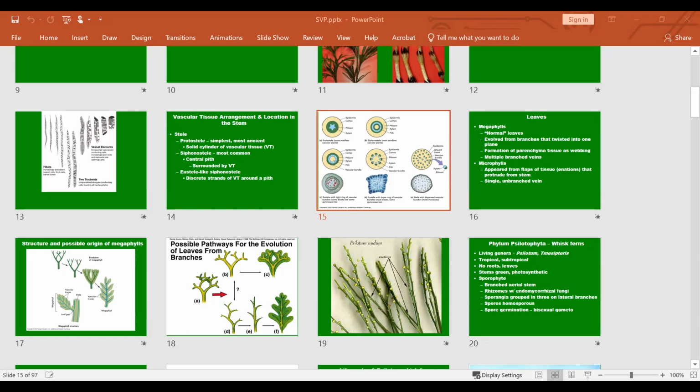Other questions on gymnos? What are we looking at with that seed? Slide 32. The green part is the embryo. What's the red part? It's not endosperm.